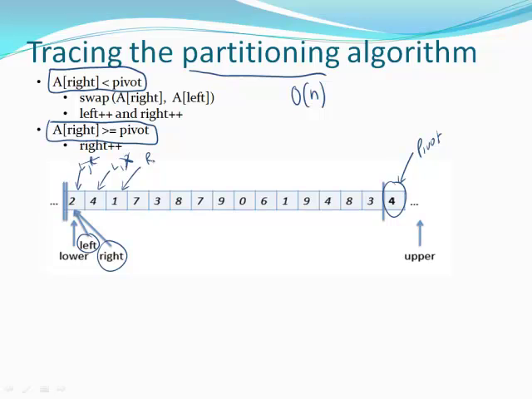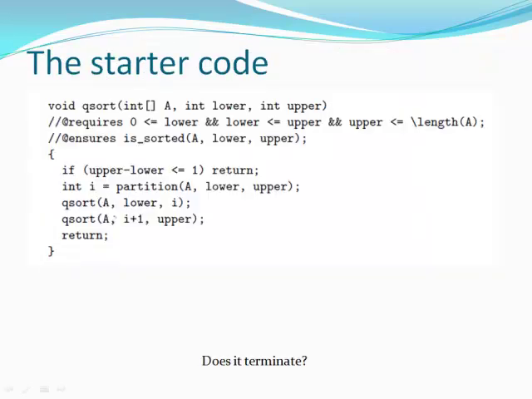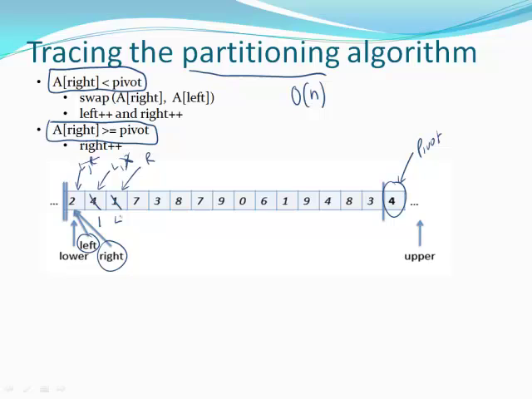Look at a of right. A of right is now less than the pivot, so this is the time for us to do a swap. So we swap 1 and 4 here, and then we move both the left and the right pointers to the right. Okay, let's take a look at the right pointer now.